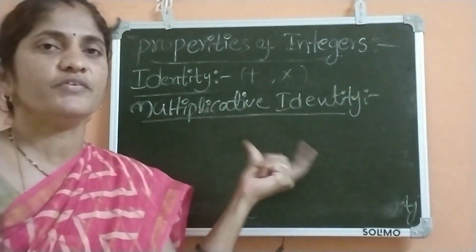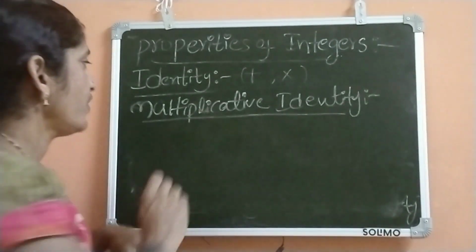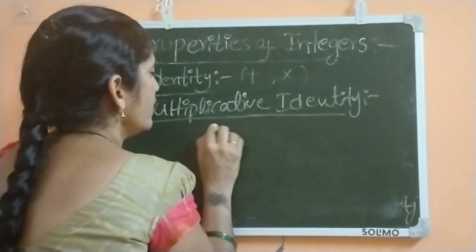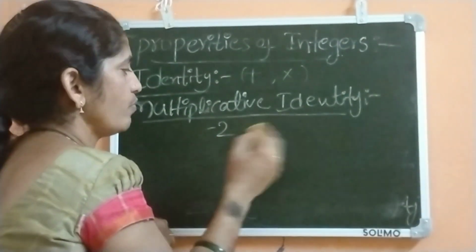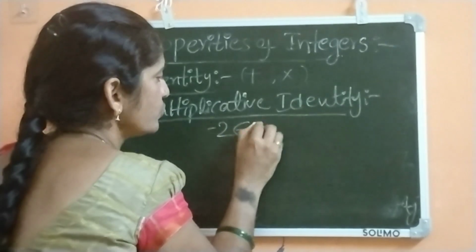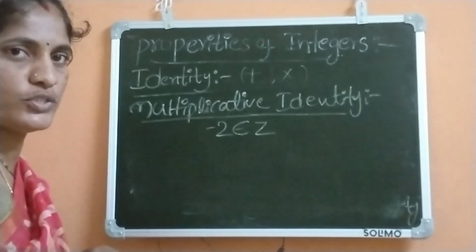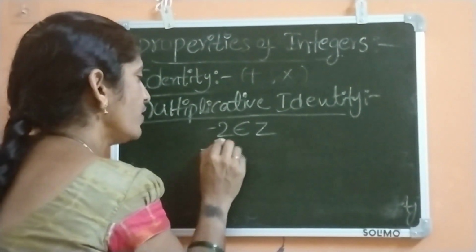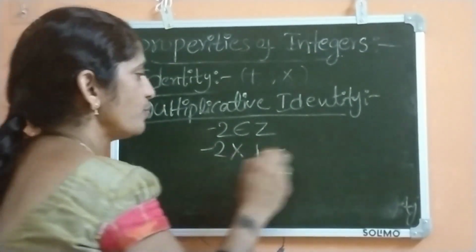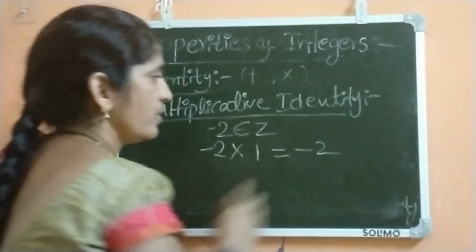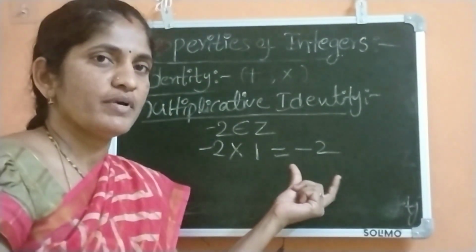If we multiply any integer with 1, we will get the same integer. For example, minus 2 is an integer. If we multiply minus 2 with 1, we get minus 2. We are getting the same number.